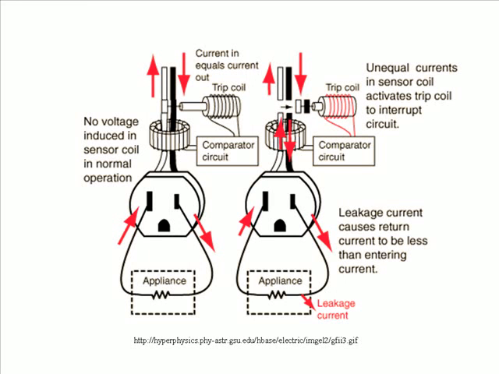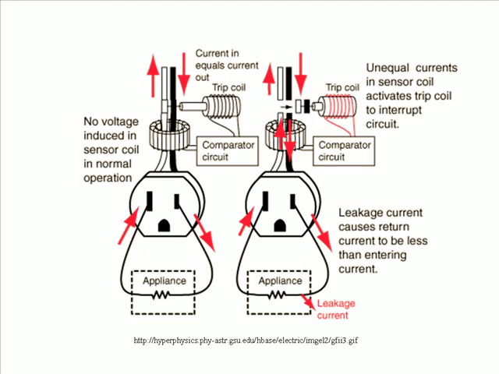But if there are unequal currents, then the sensor coil activates a circuit to discontinue or disconnect the electrical device, and it's no longer operational. It's like a relay that goes to the open state, or a solenoid that goes to the open state, and then the electrical circuit is interrupted, and that's the end of it.